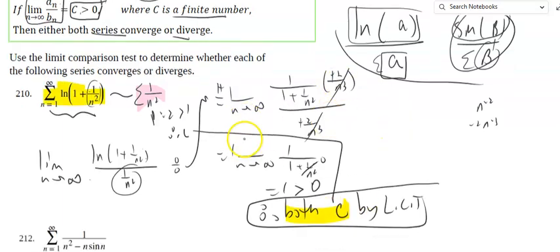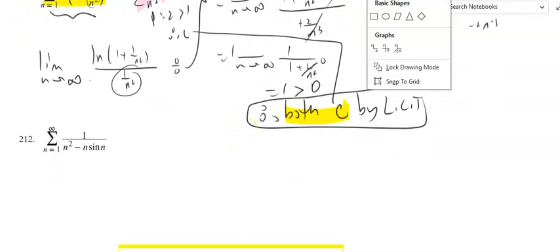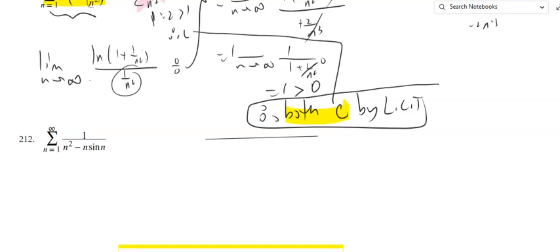So if the comparison test doesn't work, the limit comparison test will most likely work. Now I'm looking at the last example that I have. What dominates this? Well, let's see. This is dominated by n squared. And the reason I know that is because this is going to be insignificant compared to that.